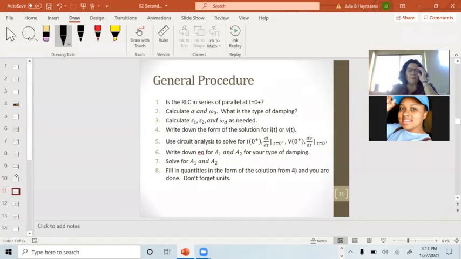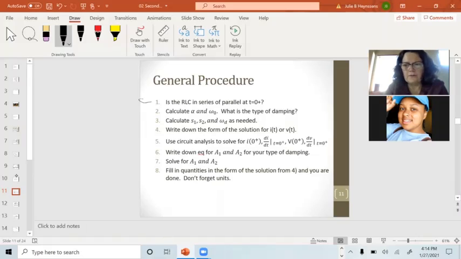Okay, so here's our general procedure as we've kind of figured it out. We've been doing it like this, but this is my consistent way of always doing it. My first question, is the RLC in series or parallel at t equals 0 plus?